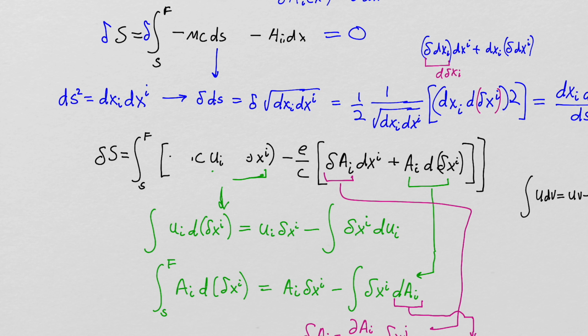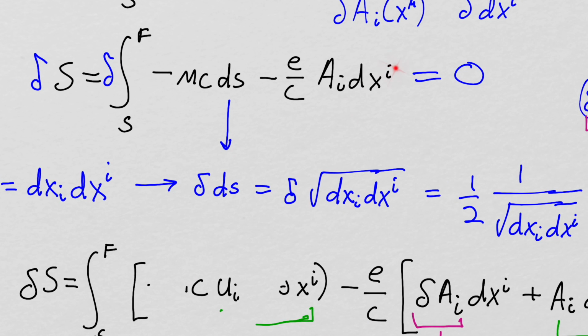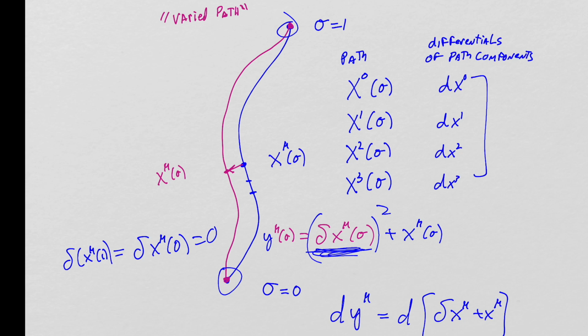The second part is we need to vary this term, the term that involves the path and the field along the path. Now, what's important to understand is, again, we're varying the path. The field changes because the path is changing. In other words, on this path you have the field A_mu(x^mu), right? But on the varied path, you have the field A_mu(x^mu), where now x^mu is orange, which stands for the varied path.